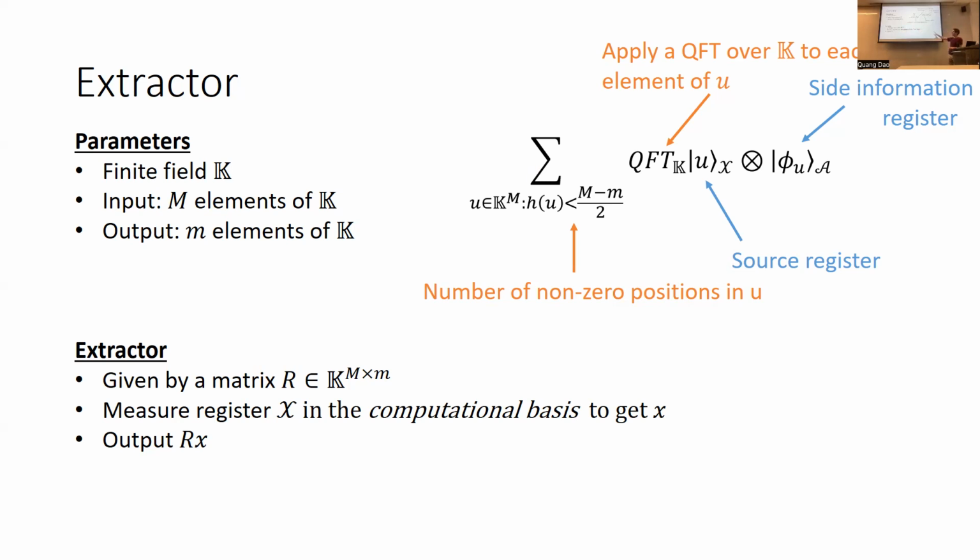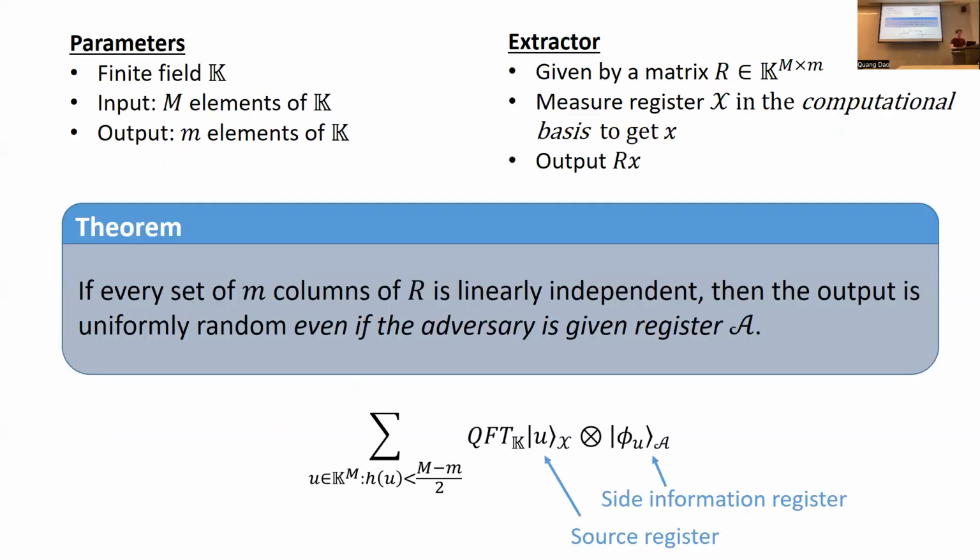The way that we apply it is we measure the source in the computational basis to get little x, and we just output R times x. And the theorem is if every set of m columns of R is linearly independent, then the output is uniformly random, even if the adversary is given that side information register.